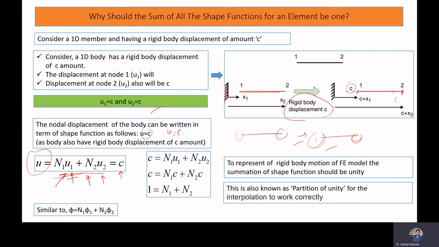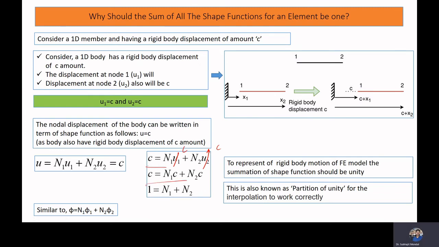Now we can do some mathematical simplification. We will get c is equal to N1 u1 plus N2 u2. Again, the value of u1 is c, and the value of u2 is also c, because the body has that rigid body displacement. Now we can write that 1 is equal to N1 plus N2.